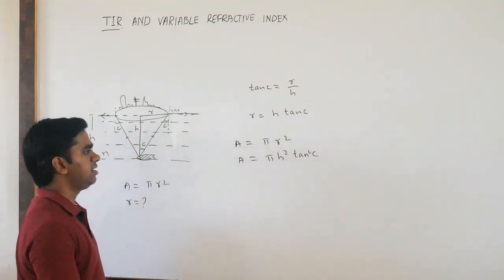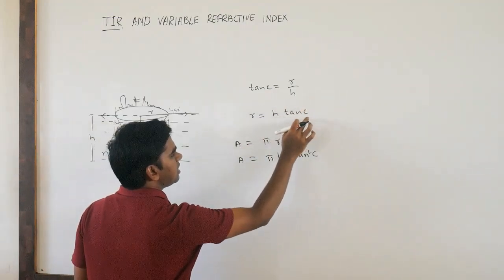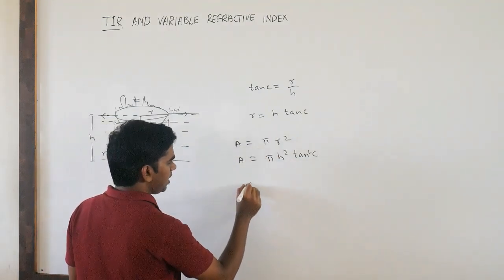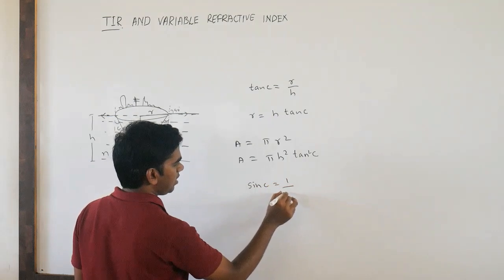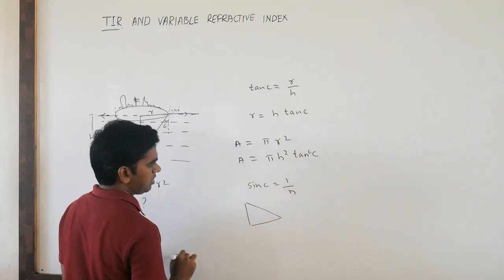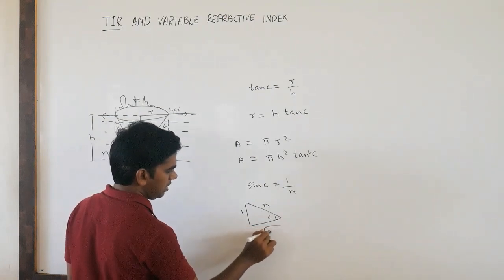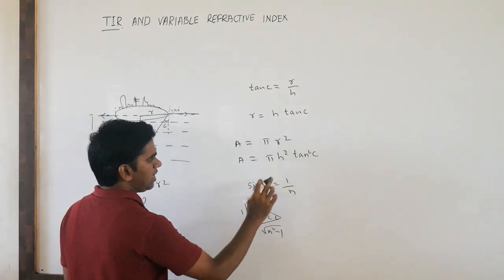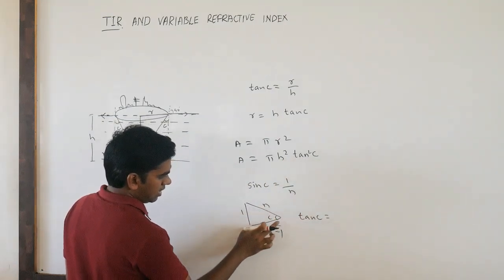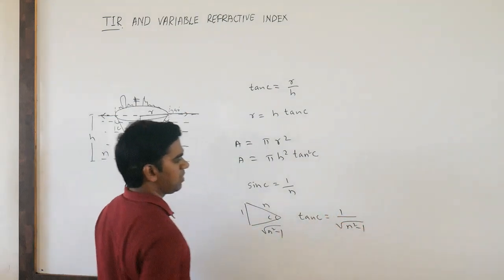If the critical angle is not given, and only the refractive index is given, then we have to write this critical angle in terms of refractive index. How can we write it? We know that sin C equals 1 by mu, or 1 by n, the refractive index. If this is 1 by n, what is it suggesting? Opposite divided by hypotenuse is 1 by n. Then the adjacent side is going to be root of n square minus 1. So tan C will become opposite divided by adjacent, so 1 divided by root of n square minus 1.